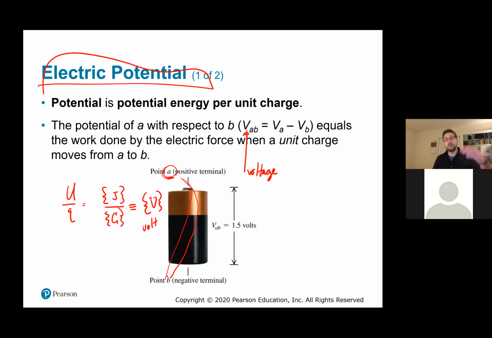And the answer is we are 1.5 volts, 1.5 joules of potential energy per coulomb greater than point B. The potential energy that a charge existing at point A would feel is 1.5 joules per coulomb of its charge greater at A than B. So we say that A is at a higher potential than B, or that there's a potential difference V sub AB between those 2 points.